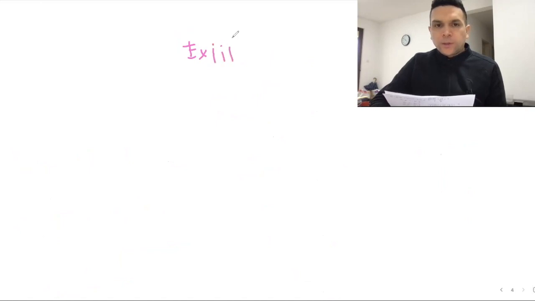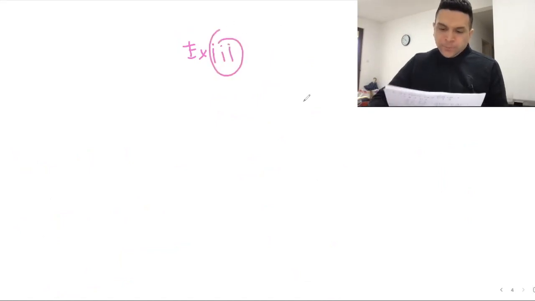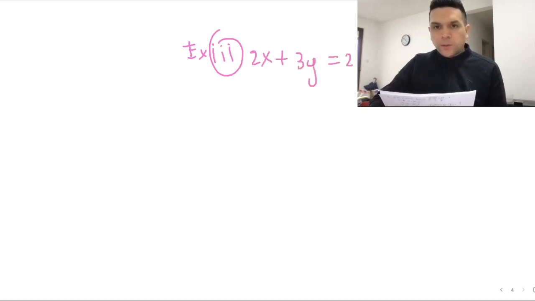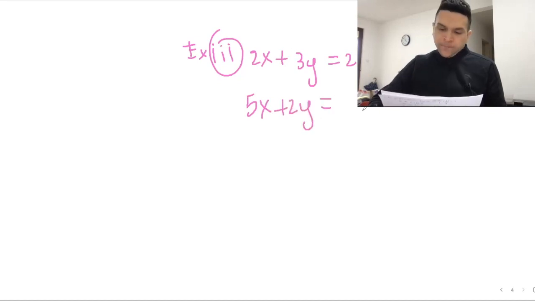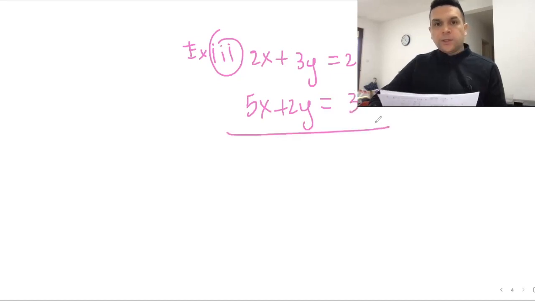Example 3, 2x plus 3y equals 21, 5x plus 2y equals 3. Okay, so let's see, what can we do?